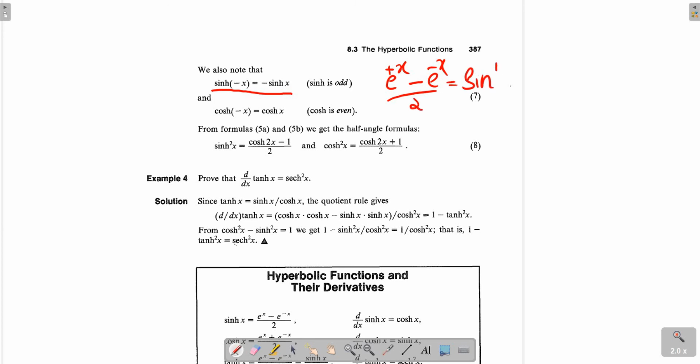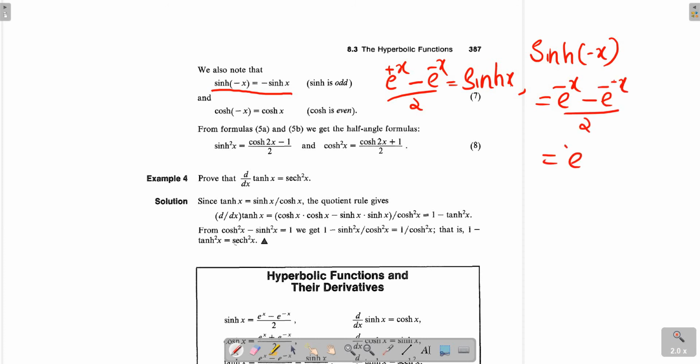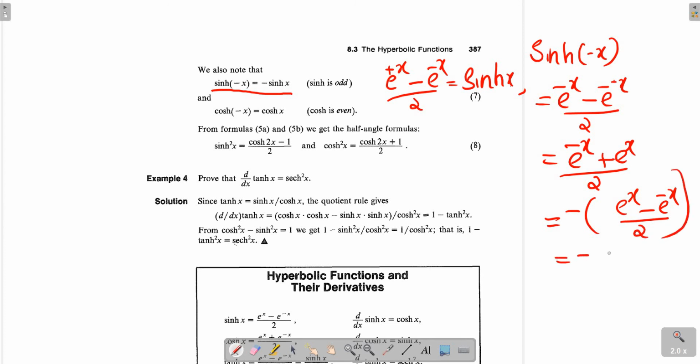Replace x by minus x, then you will get (e raised to minus x minus e raised to minus of minus x) divided by 2, that's equal to (e raised to minus x plus e raised to x) divided by 2, that's equal to minus of (e raised to x minus e raised to minus x) divided by 2, that's equal to minus sinh x. So sinh of minus x is equal to minus sinh x.